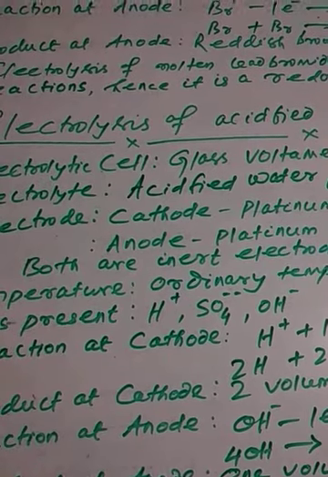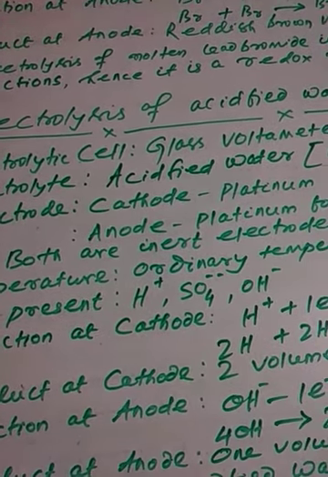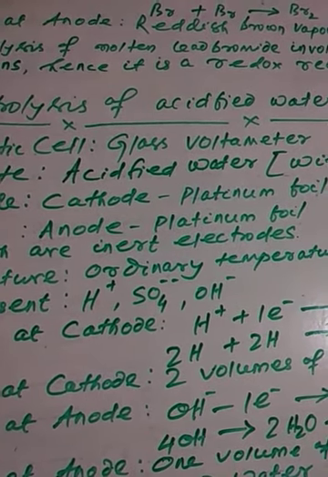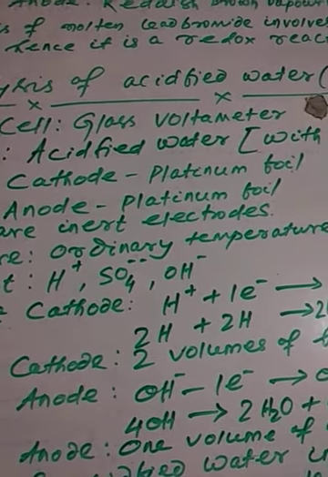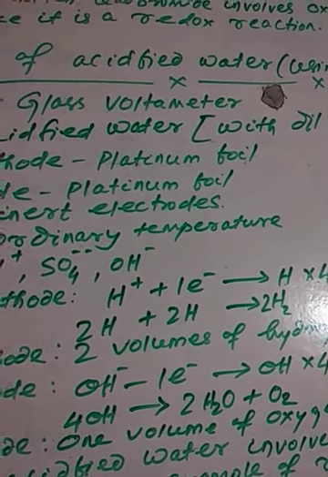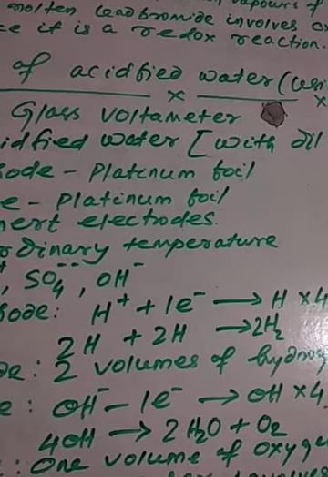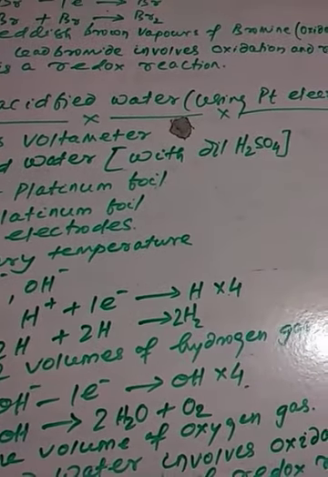The ions present in the electrolytic solution are H+ ions, sulfate ions and hydroxyl ions, that is H+, SO4 2-, and OH-. The reaction at the cathode: H+ plus 1 electron gives H, and 2H gives a hydrogen molecule, H2. The product at the cathode is 2 volumes of hydrogen gas.